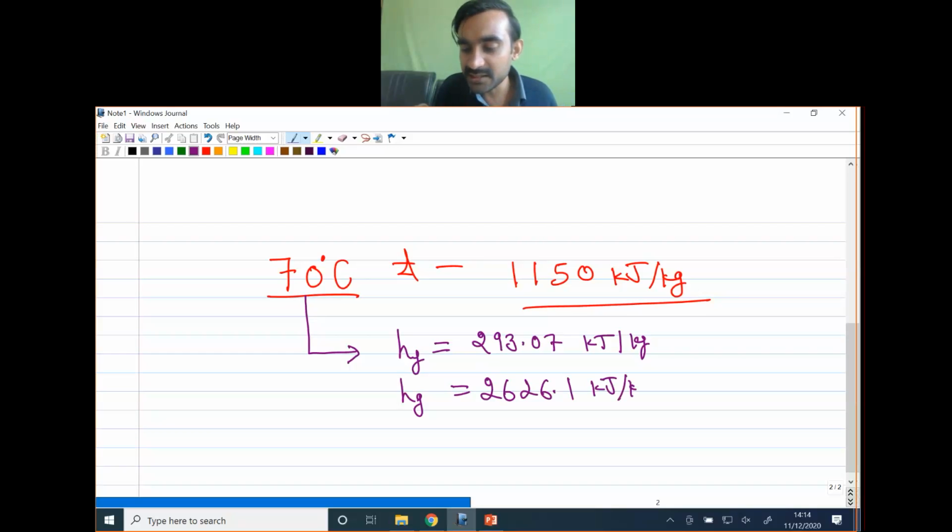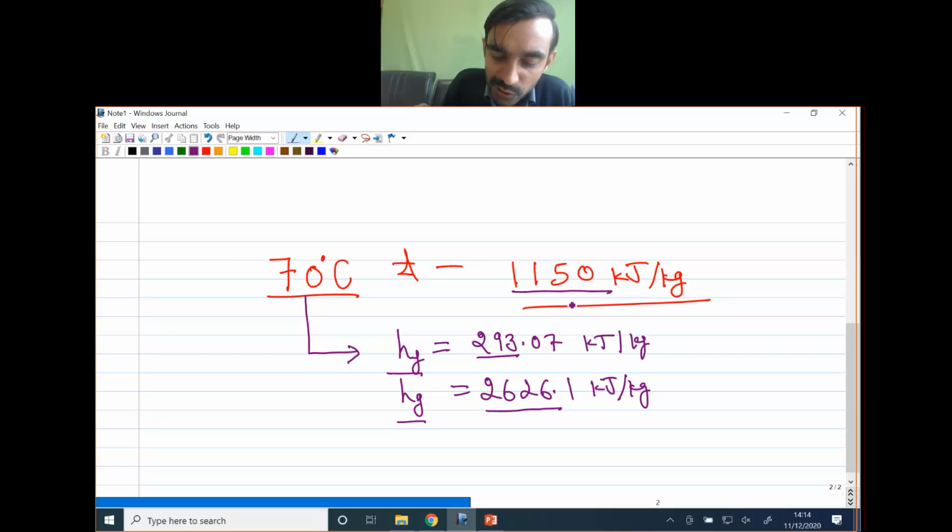So at 70 degrees Celsius, which is the given temperature of the system, our enthalpy is given as 1150. Corresponding to 70 degrees Celsius, our liquid enthalpy HF is 293 and gas enthalpy is 2626. So this 1150 lies in between HF and Hg.